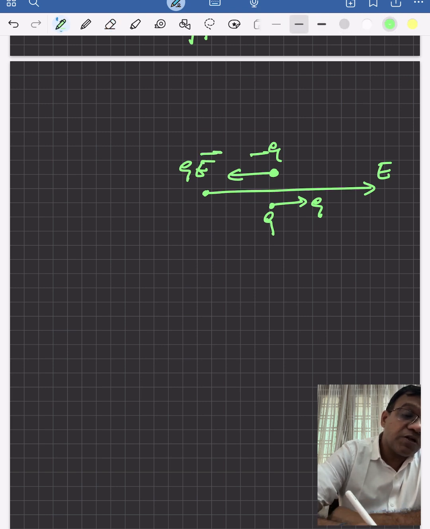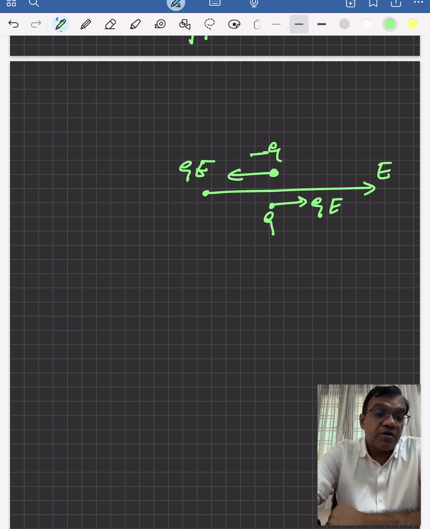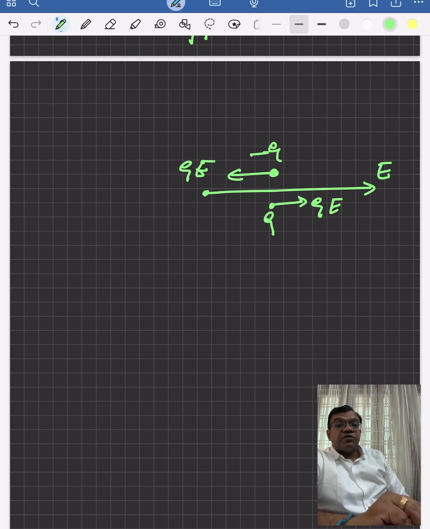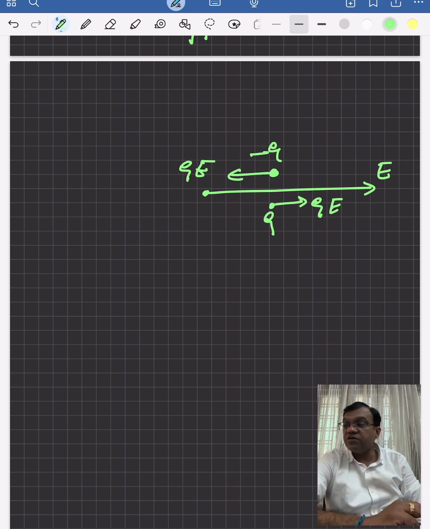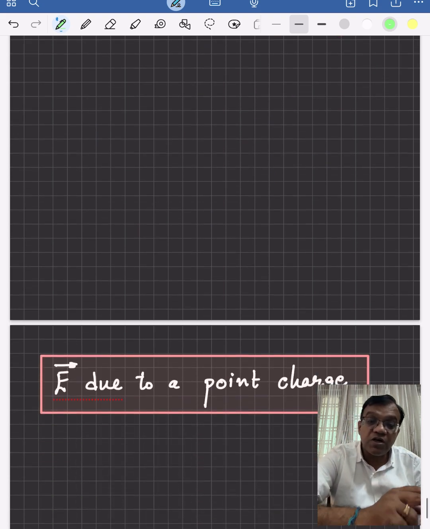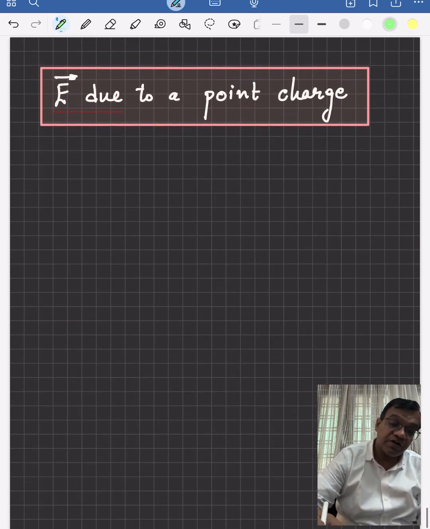So QE towards left, and here QE towards right. So if the charge is positive, the force it experiences is in the direction of the electric field, and if the charge is negative, it experiences the force opposite to the direction of the electric field.